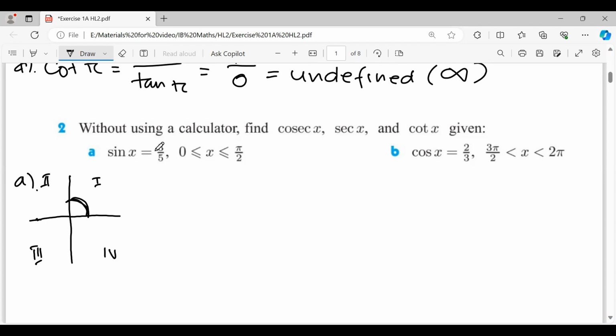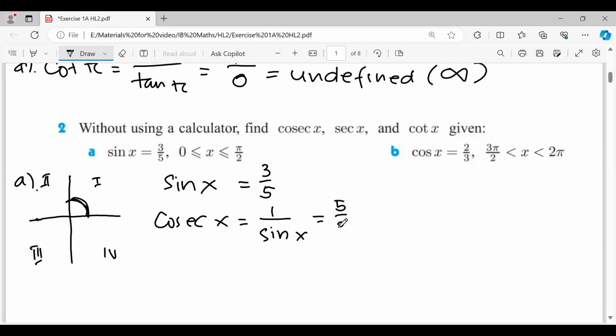And because sine is positive here, now sin x equals 3/5. Cosecant is the inverse of sin x, equals 5/3.